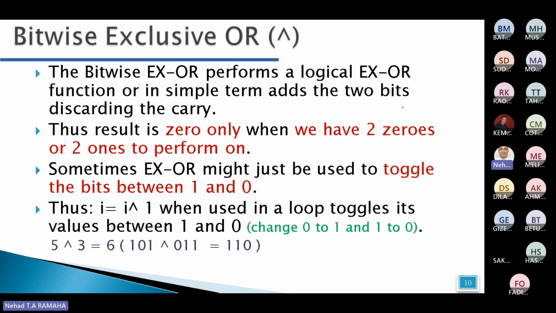Okay, what about the XOR, or exclusive OR? We said if both sides are similar, the result is 0. If both sides are different, the result is 1. So if we have two zeros or two ones, the result is 0.